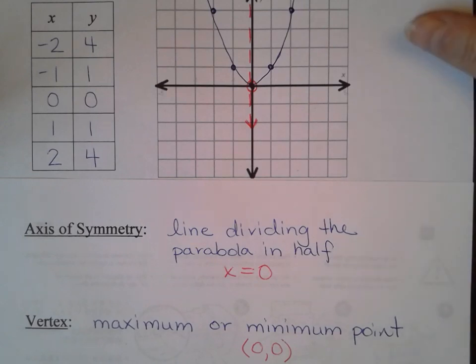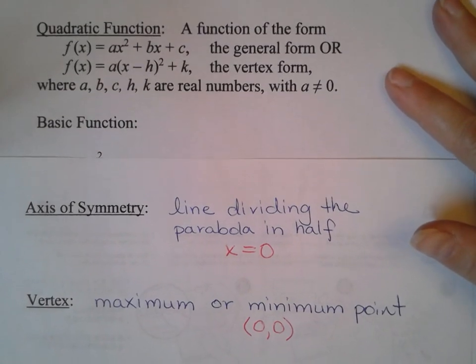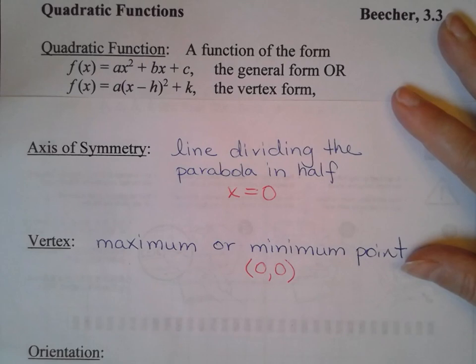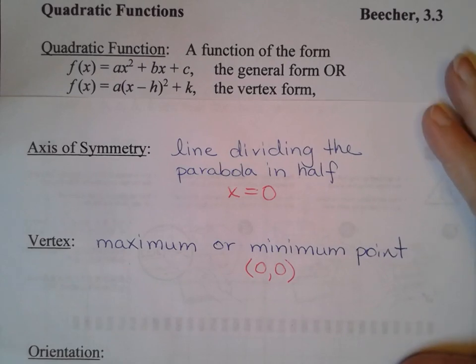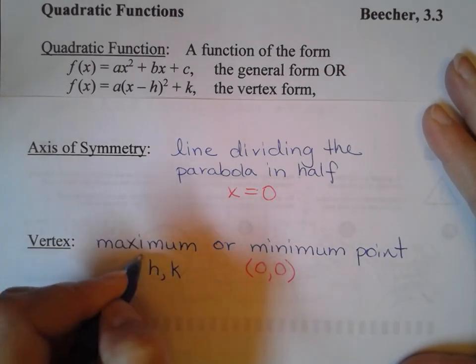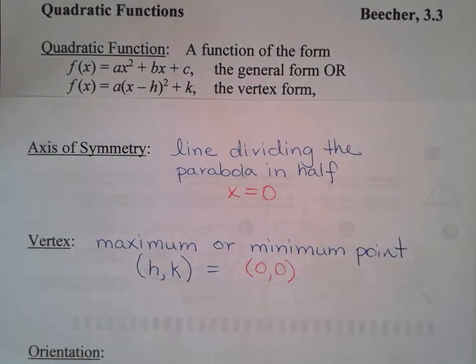In general, I'm going to pull up the equation so you can see that. Let's do this. In that vertex form, the vertex is actually the point where we have the coordinates h and k. So h comma k is the vertex.